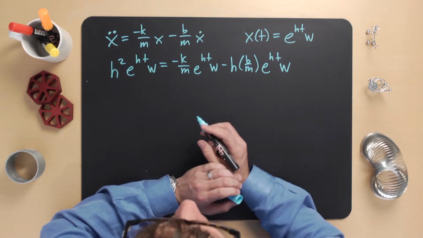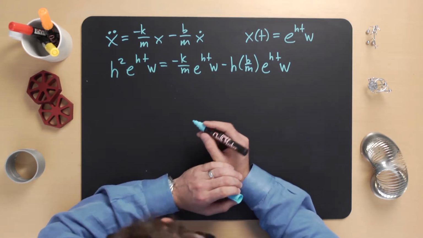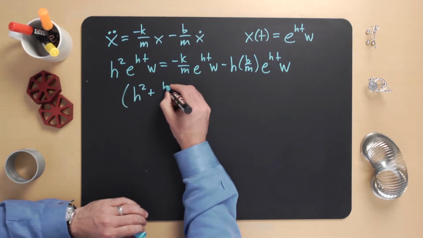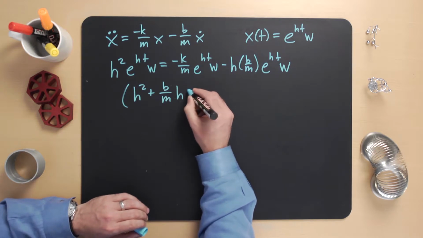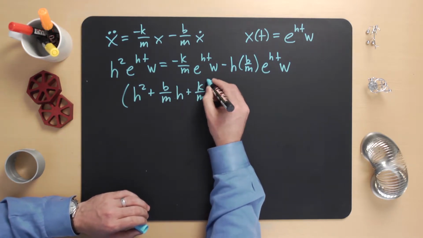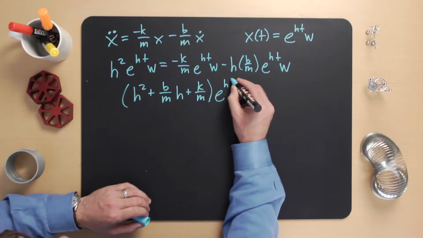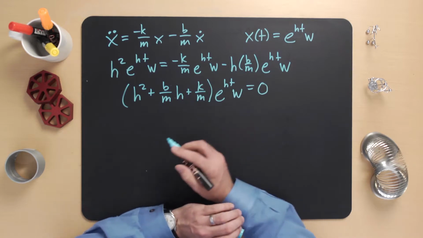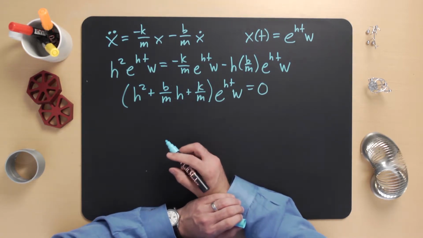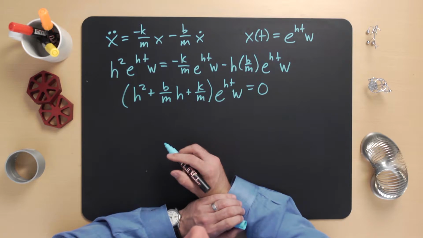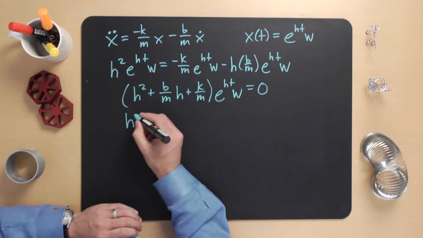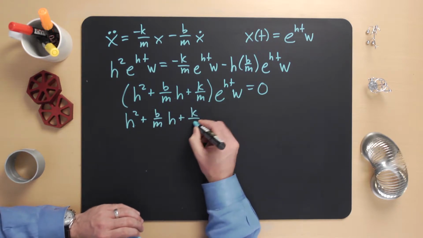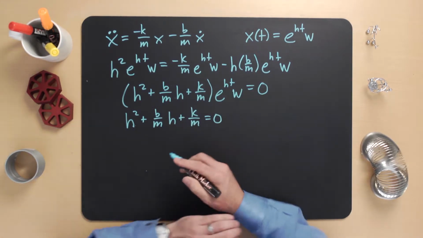We can factor out the e to the ht term as well as the constant w, and we get h squared plus b over m h plus k over m all times e to the ht w, and that all must be equal to 0. If w is non-zero, and we know that the exponential is always non-zero, then we know that h squared plus b over m h plus k over m must be equal to 0.